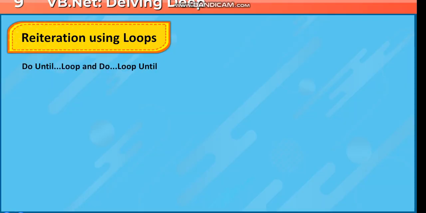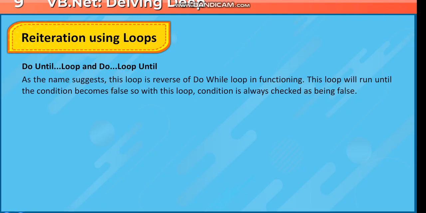Do Until loop and Do Loop Until. As the name suggests, this loop is the reverse of the Do While loop in functioning. This loop will run until the condition becomes true. So with this loop, the condition is always checked as being false. For example, let us compare.